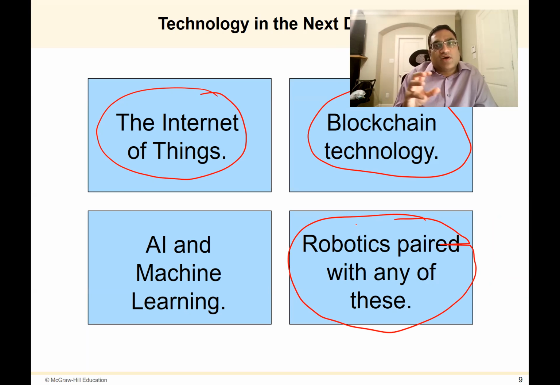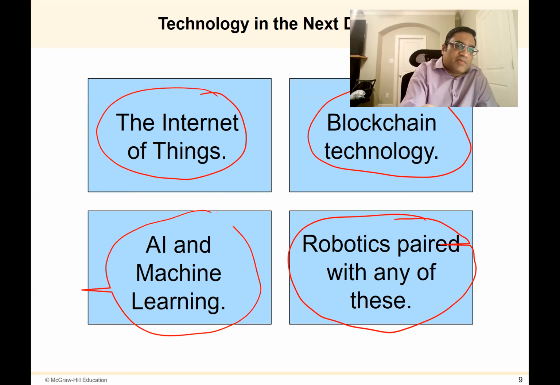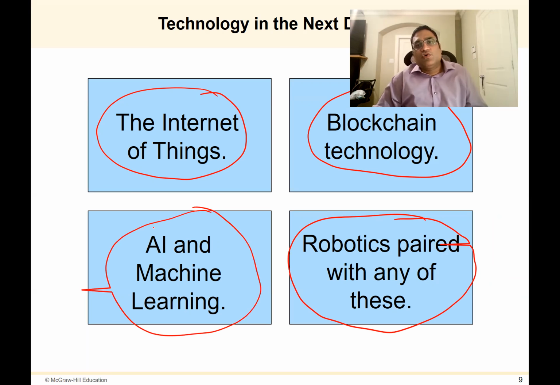So all of these things are also going to change how businesses do things. And if you look at the acquisitions that all these big companies, Microsoft, Google, are doing lately, most of these are AI or blockchain or robotics related, because that's where the future is.